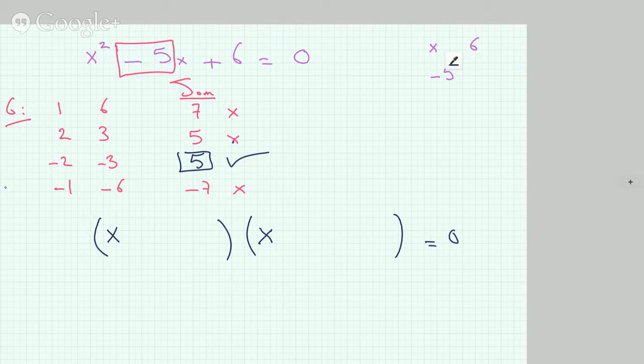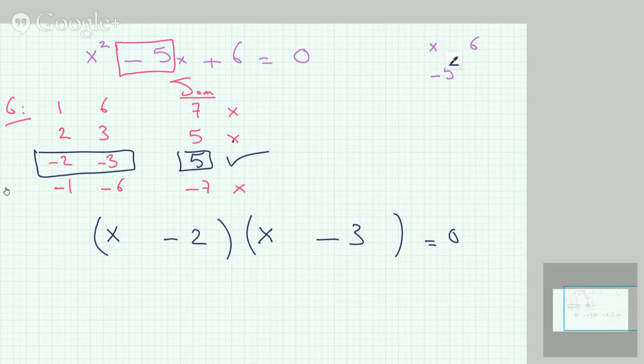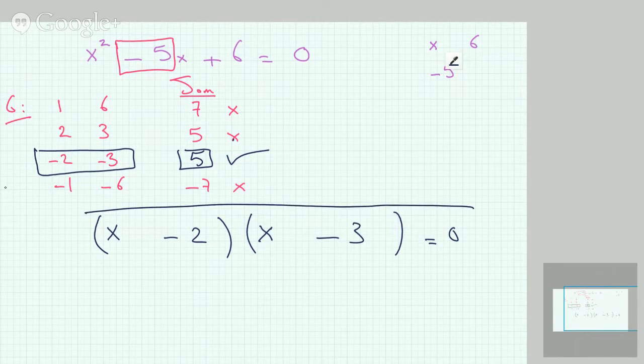The other two places on the right will be the pair that worked out, minus 2 and minus 3. So this polynomial factors into x minus 2 times x minus 3. Negative 2 and negative 3 multiply to plus 6 and add up to negative 5. So this would be the right answer.